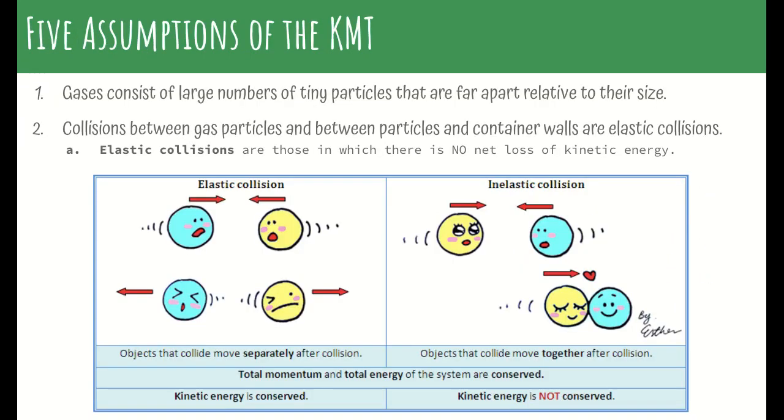Okay, so we have 5 assumptions of the kinetic molecular theory. The first assumption is that gases consist of large numbers of tiny particles that are really far apart relative to their size. If you think about the air in the room that you're in, there's millions of particles of nitrogen and oxygen and all of the things in the air around you.